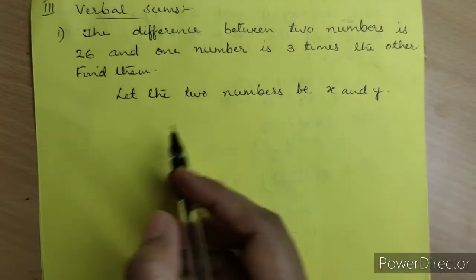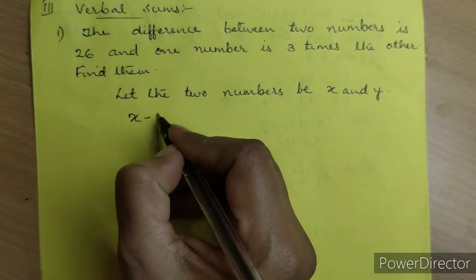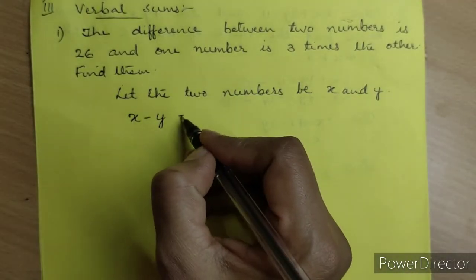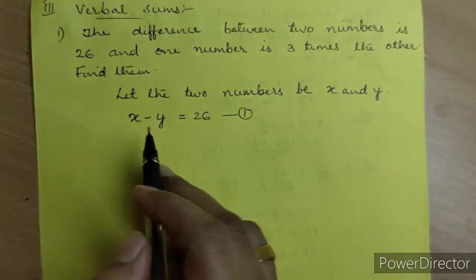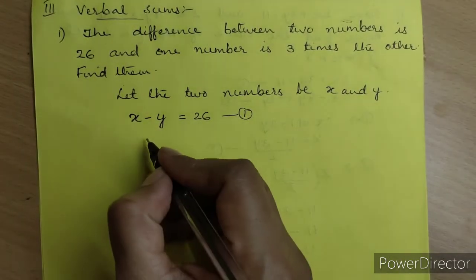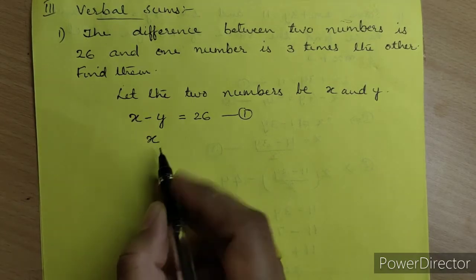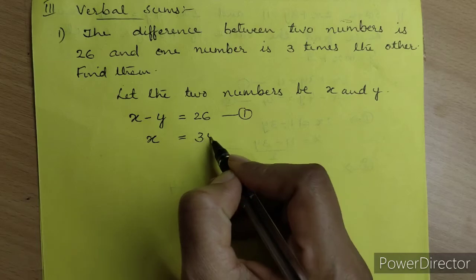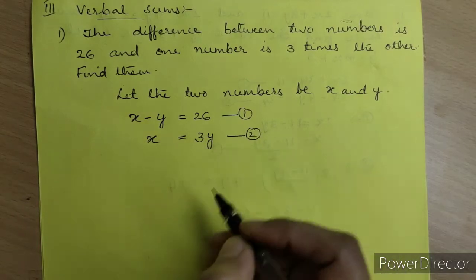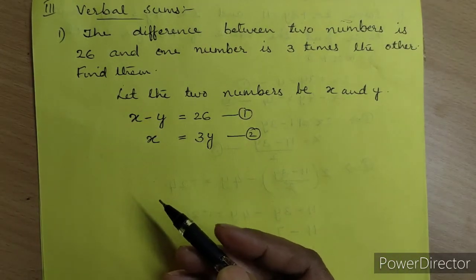So the difference between two numbers, that is x minus y, difference means x minus y is equal to 26. So this is the first equation, and one number is, you can take it as x, one number equals 3 times the other, 3y. Second equation, simple equation it is.